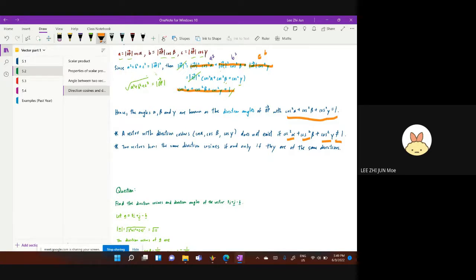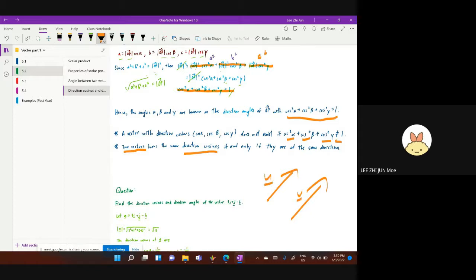Two vectors have the same direction cosines if they have the same direction, like this. You see these two vectors?